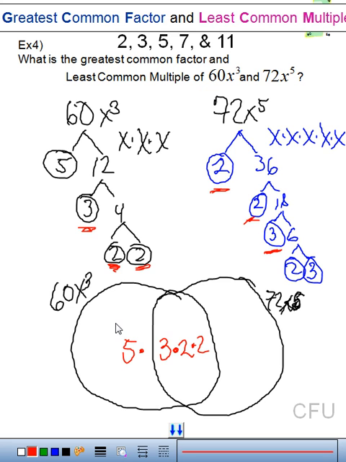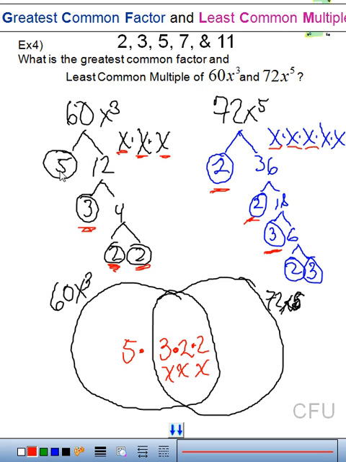However, check this out. I'm not done. Everybody look up, please. Do we have any variables in common over here and over here? Do we have 1x? Yes, here and here. Okay, I'll write it in here. X. Do we have another x? Yes. Do we have another x? Yes. All right. So let's see.